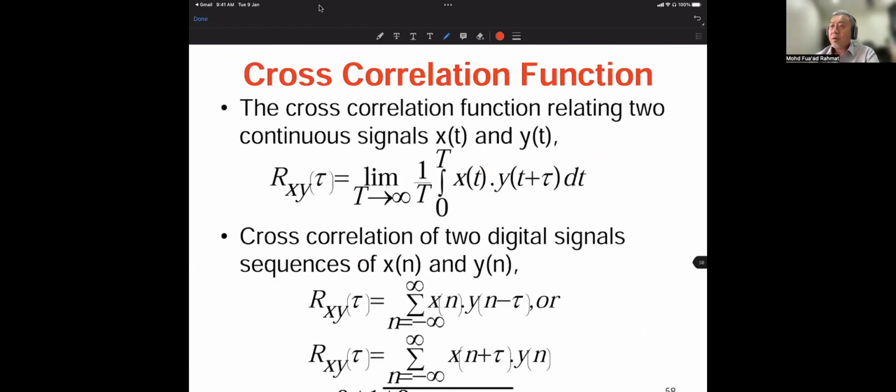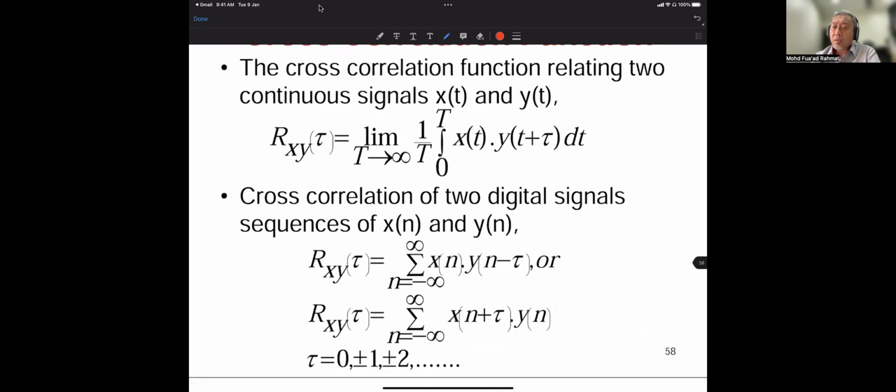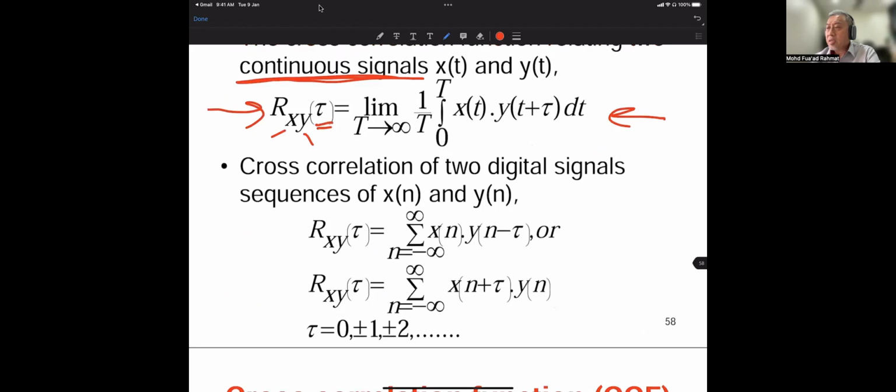So the cross correlation function relates two continuous signals, if the signals are measured in the time domain. So rxy(τ): x is the first signal, y is the second signal, both different, in the time domain τ. The limit as T goes towards infinity is shown here. And when you apply it in the discrete form, for digital signals in programming, we just name them x(n) data and y(n) data.